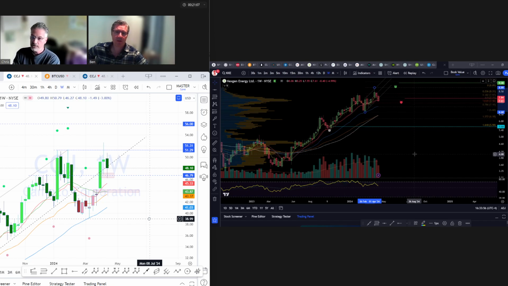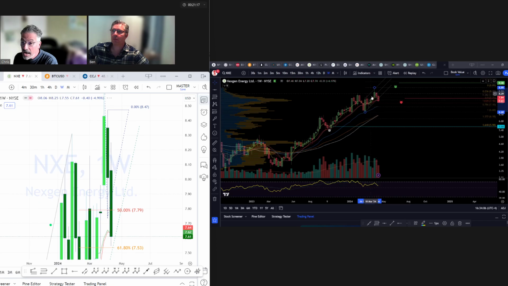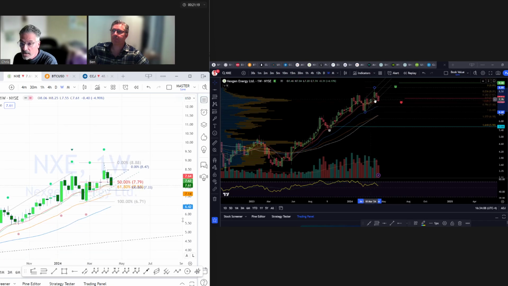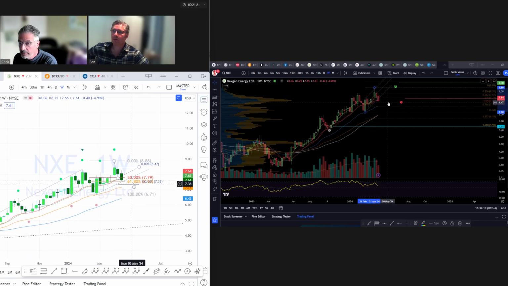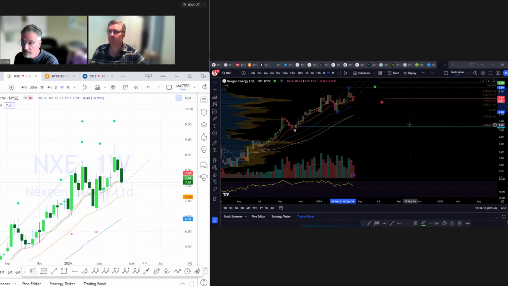Yeah, and just as a little side note, NexGen, again, one of the leaders in the space, regardless of what anybody says, this thing's cup and handle psychology is very similar to CCJ, right? This is breaking down already. It's closing below the 50% retracement here, so it's something to think about.